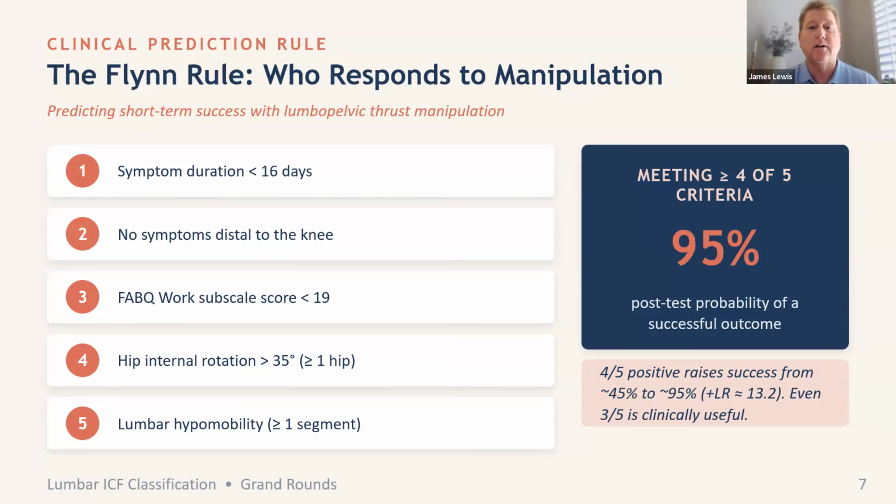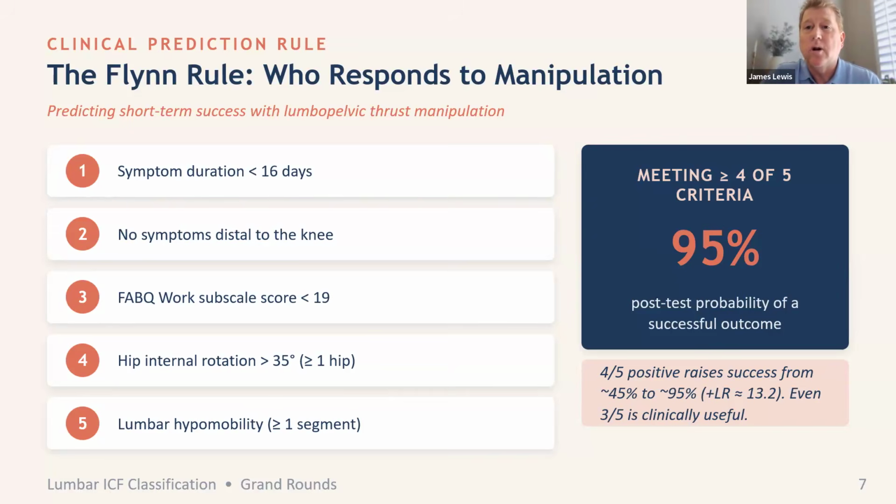This person is likely going to benefit from thrust manipulation of the lower back. And what you see on the right side there is that if you meet at least four of those, you've got a pretty good 95% and a high likelihood that this person is going to have a successful outcome if you use lumbar manipulation. And honestly, even 3 out of 5 is pretty good.